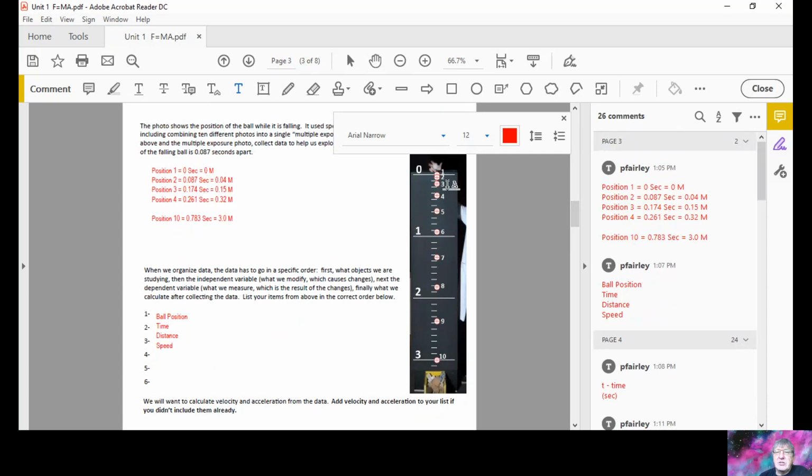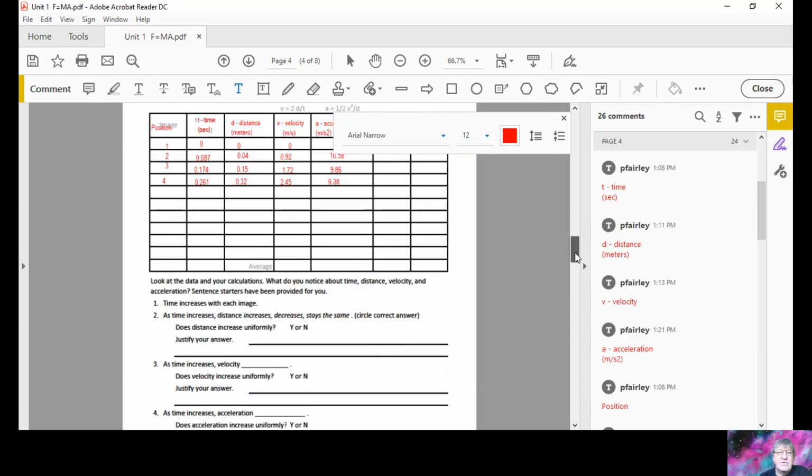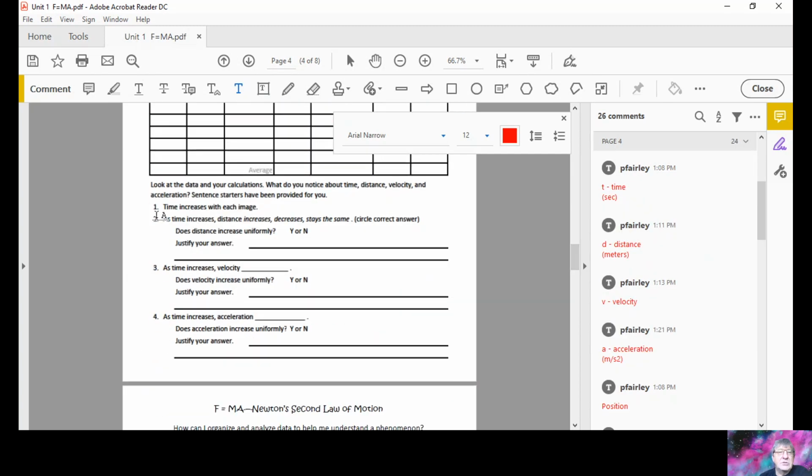Each image, number 1, 2, 3, 4, 5, 6, 7, or each position, more time has gone by, right? Because in our world, time always moves forward. So time increases with each image. It never goes backwards. What would it mean if time went sideways? At any rate, time increases with each image.